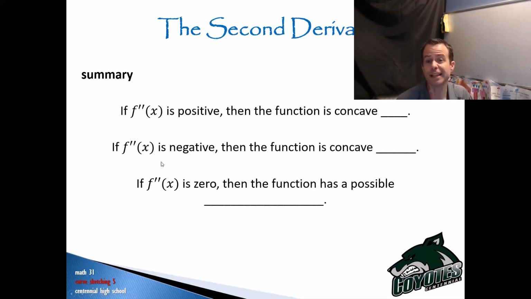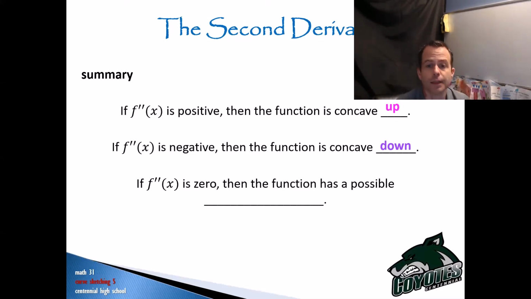Then, if the second derivative is positive, the function will concave up. If the second derivative is negative, the function will concave down. And remember, if I concave up, I'm like this, so I would have a local minimum at some point. If I concave down, I'm like this, so I'd have a local maximum at some point.